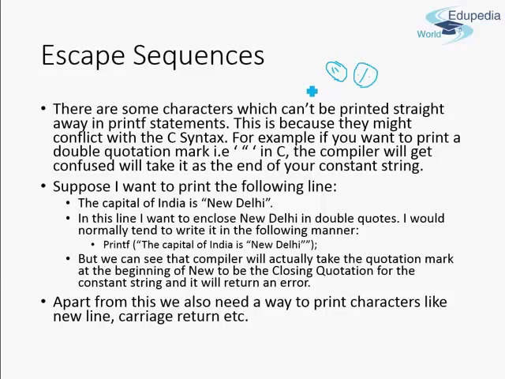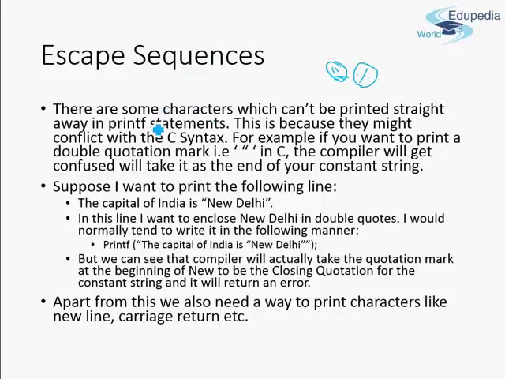Inside printf, if you include double quotation marks, that means you are beginning or ending your constant string. So constant strings are included inside double quotation marks. The compiler will search for these constant strings. Where it finds the double quotation marks, it will assume that your constant string has begun, and when it encounters another double quotation mark, it will assume that your constant string has ended.